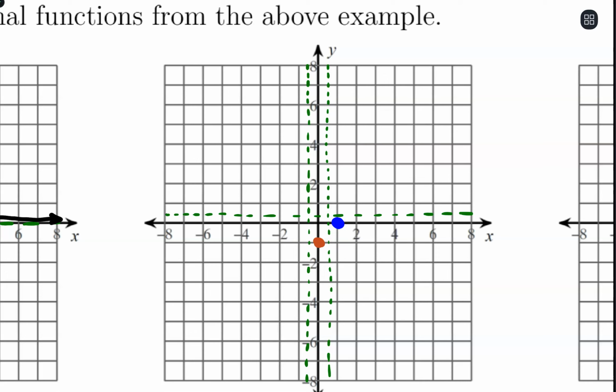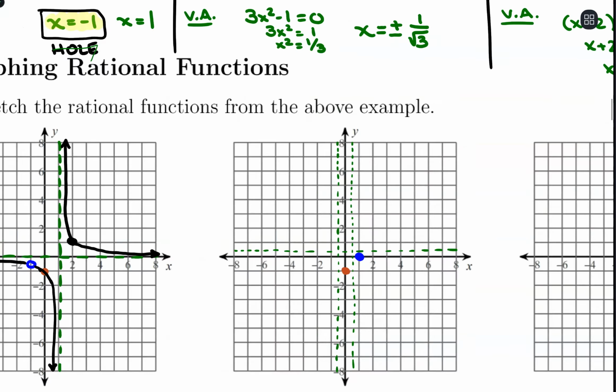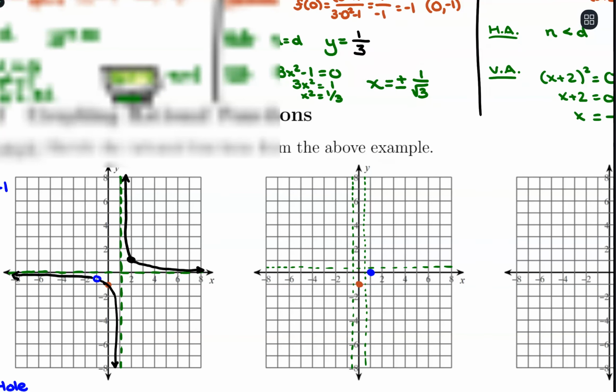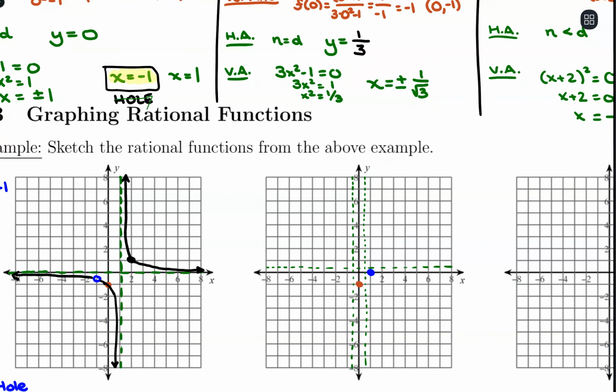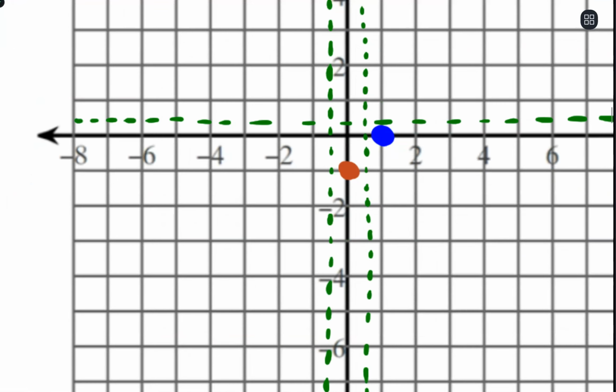Something I want to mention here. So we graphed everything again. It's a huge mystery what this is actually going to look like, because we have two coordinates and all of these asymptotes happening. Vertical asymptotes: we can never cross vertical asymptotes. That's a very strict rule, because that's where our function's undefined.